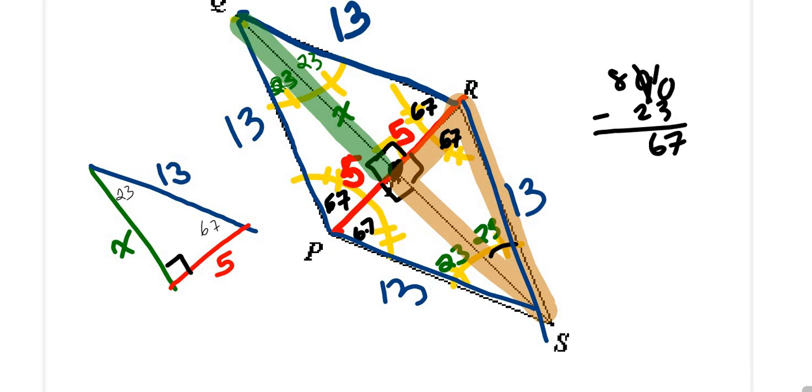I think that's a little faster, so that's going to be leg squared plus leg squared equals hypo squared. Our one leg is X. Our other leg is 5. And our hypo is 13 squared.